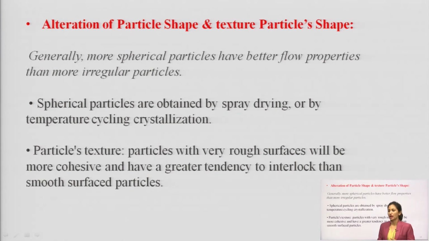Spherical particles are obtained by spray drying or by temperature cycling crystallization. That means we can convert these irregular particles to spherical by using the spray drying or the cycling crystallization process. Particle texture. As we know, if the particle texture is rough, irregular, there will be much more cohesive force and powder flow property will be poor.